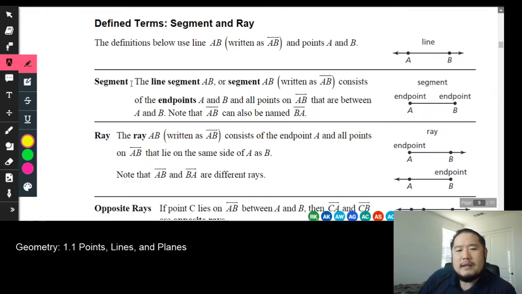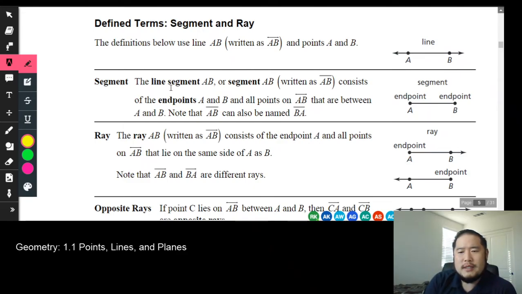If I take a look at this next word, segment, you could have a line, but within that line or those 2 points, we could say that it stops. And if it stops, we'll go ahead and call that a segment. So it has 2 endpoints. That's the difference between a line and a segment.